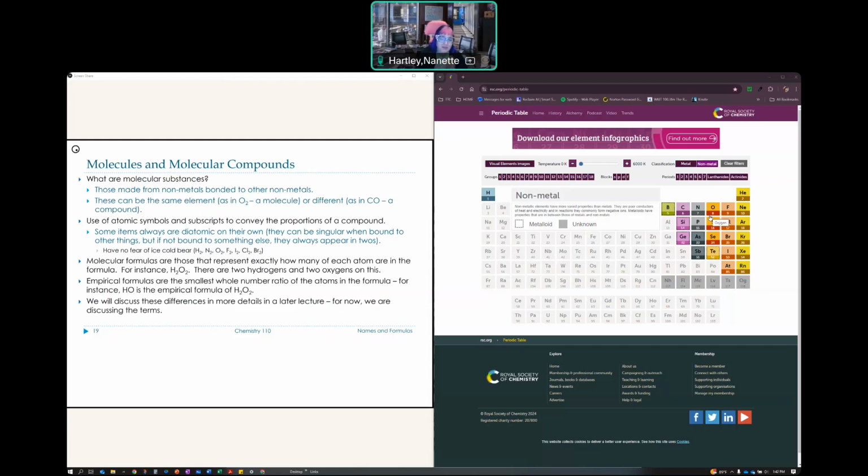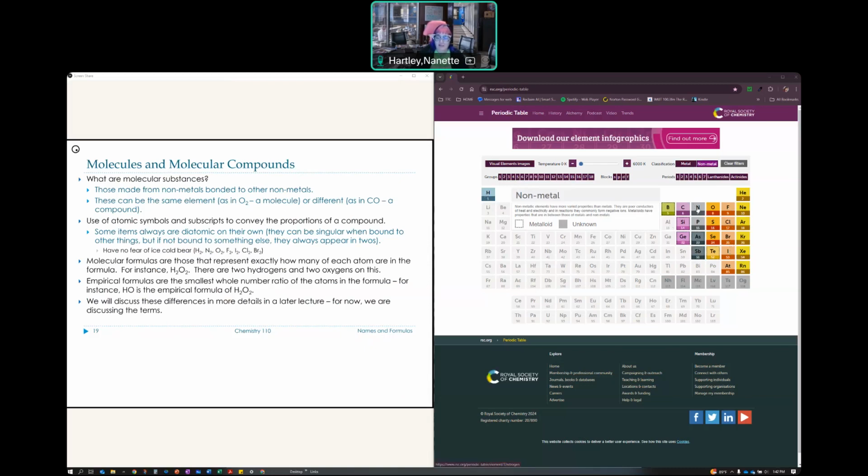Now, I've alluded a couple of times to the fact that there are some things that always appear as dimers when they're by themselves. So there's always two of them when they're by themselves. Things that appear like that, okay, are typically gases. So we have nitrogen, oxygen, fluorine, chlorine, bromine, and iodine, as well as hydrogen.